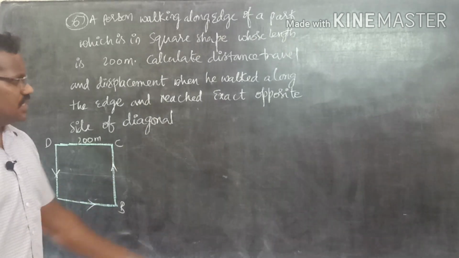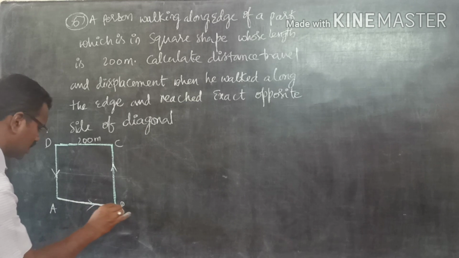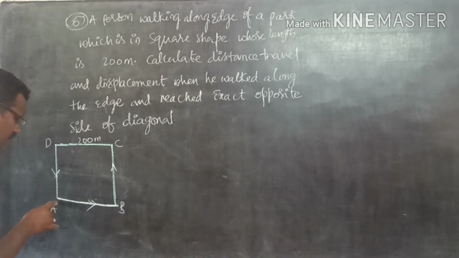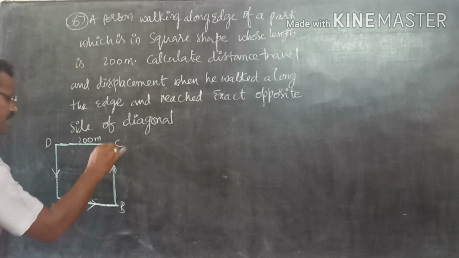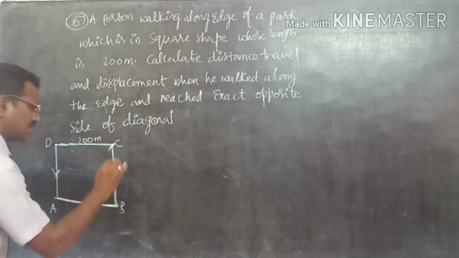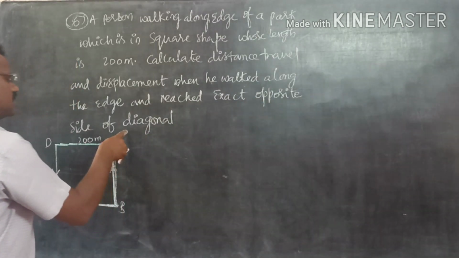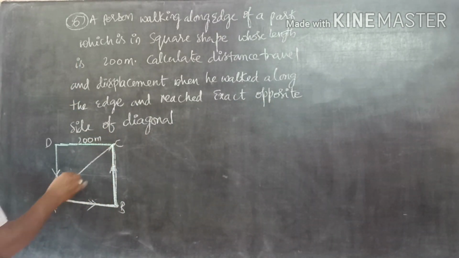The given condition is he walked along the edge. Consider he started from A to B and B to C. Now he reached this point, which means he walked along the edge and reached the exact opposite side of the diagonal. This is the diagonal.